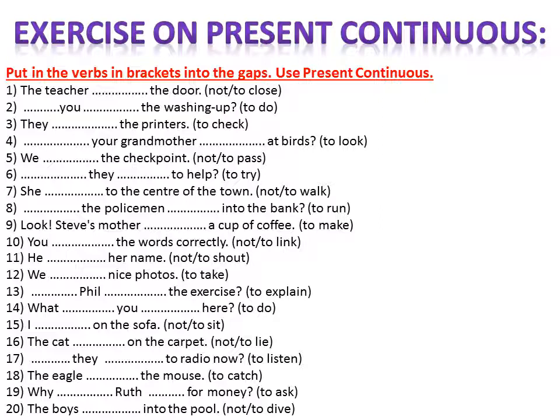Look, Steve's mother a cup of coffee. Look, Steve's mother is making a cup of coffee. Number 10. Use the words correctly. It's a negative sentence. You are not linking the words correctly. Complete the next 10 sentences yourselves.